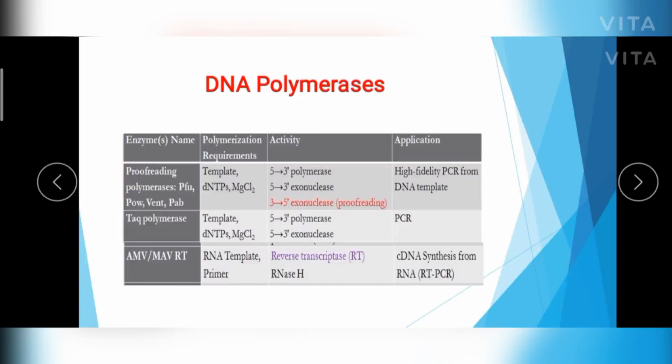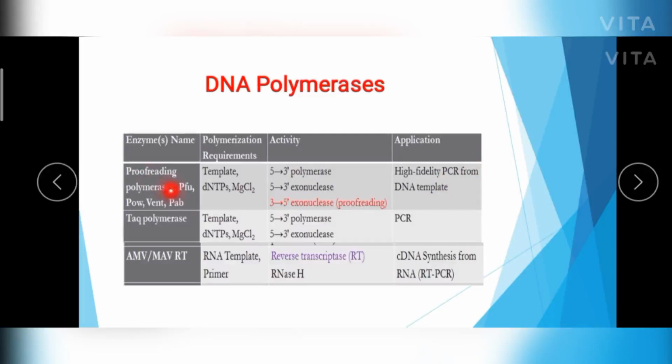Apart from the main polymerase activity, they also have 5' to 3' exonuclease activity, then 3' to 5' exonuclease activity, that is the proofreading property, an additional property present in this type of polymerase. These polymerases are mainly used in the application of PCR.